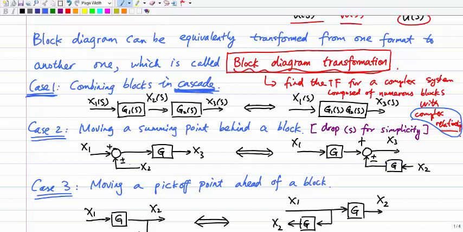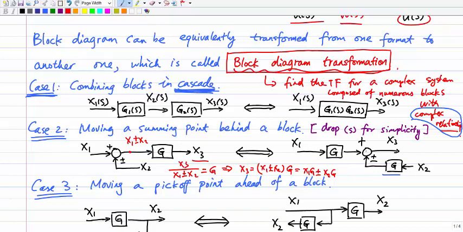The reason is, if I calculate X3, this is X1 plus or minus X2, and the transfer function is G, because X3 divided by X1 plus or minus X2 is G, which means X3 is X1 plus or minus X2, times G. The plus or minus is determined by this sign. So this can further be written as X1G plus or minus X2G. That's the reason you do this over here.